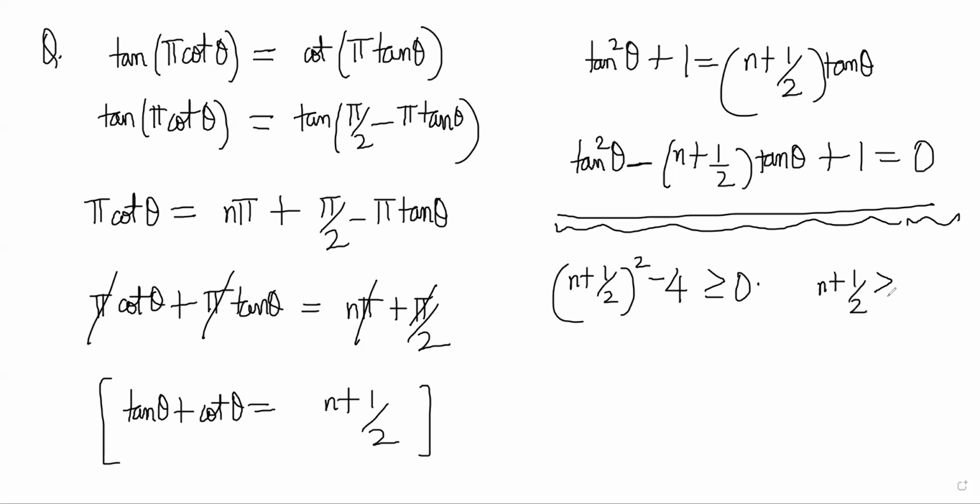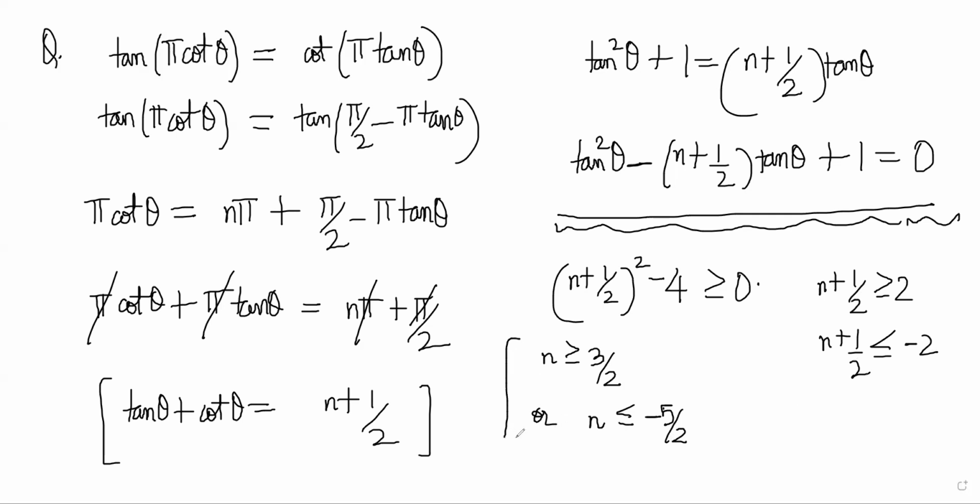Then I solve it. n plus half should be greater than or equal to 2 or n plus half should be less than or equal to minus 2. So n is greater than or equal to 3 by 2 or n is less than or equal to minus 2 minus half, so minus 5 by 2, right? Yes, sir. n is supposed to be an integer.